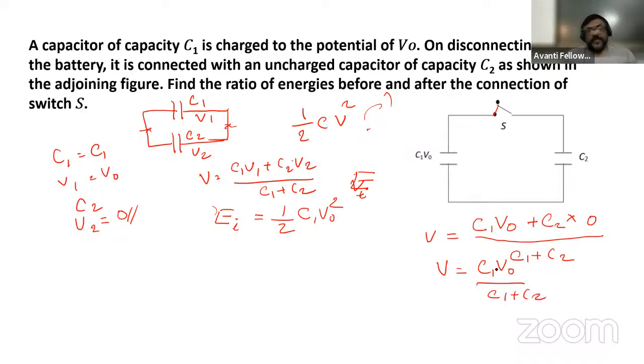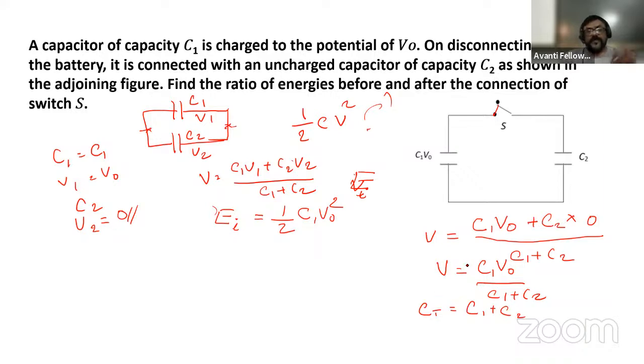Now, what type of combination is this? These two plates are connected together, and these two plates are also connected together. So both the plates are connected to common points. So is it a parallel combination or a series combination? Definitely this is a parallel combination of two capacitors, and the total capacitance of this system after closing the key will be C1 plus C2.